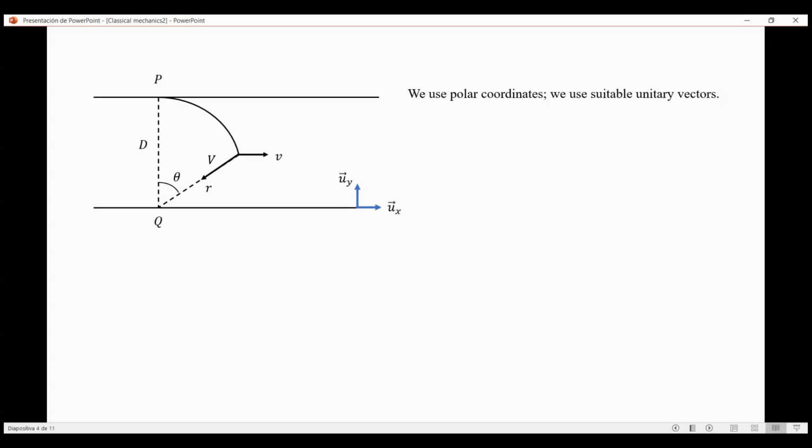Okay, so if I put myself here where the rower is after some time, and I take unit vectors radial in the direction where the radial distance from Q increases, this is u sub r, the radial vector, and perpendicular to u sub r is this u sub theta, directed in the direction of increasing angle, both perpendicular. So we have to relate all of them.